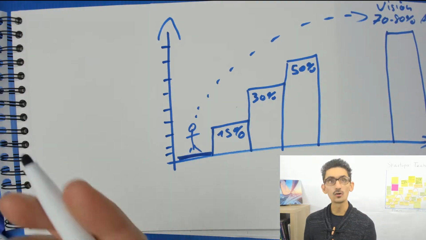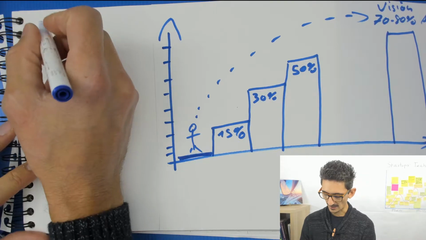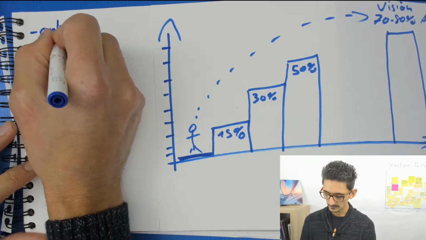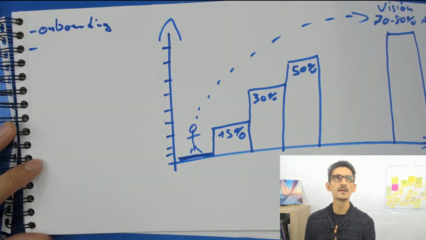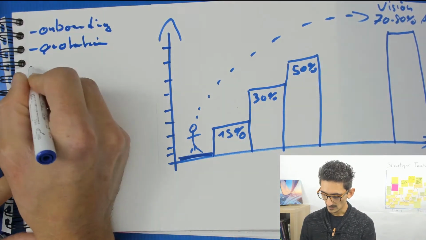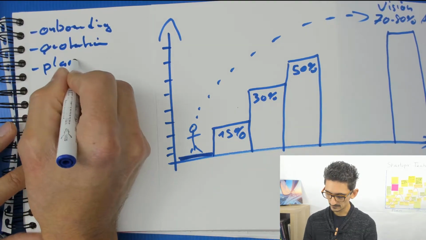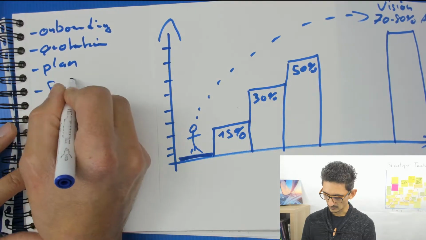Like for a consulting agency, as an example, that has a huge expertise, maybe they have some onboarding. After the onboarding, maybe they do a quotation. Then they plan. Then, etc., they find resources.